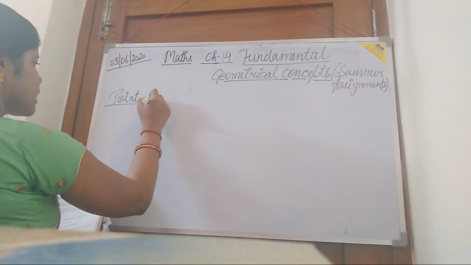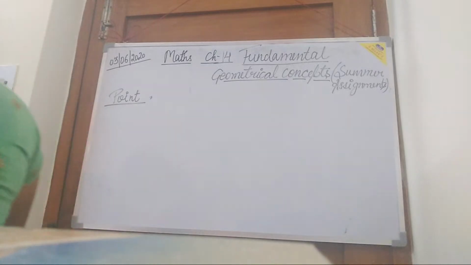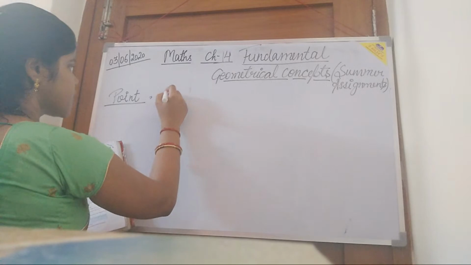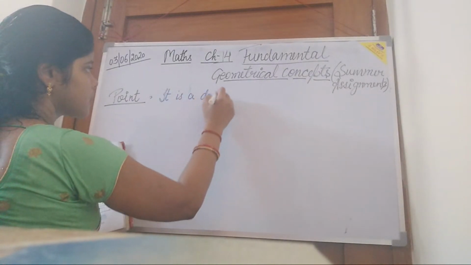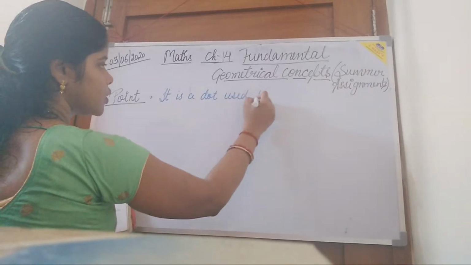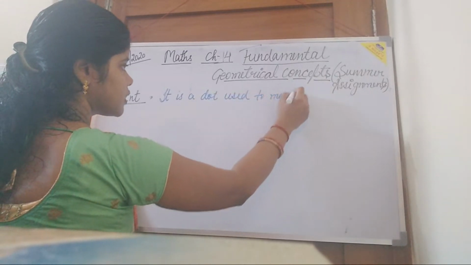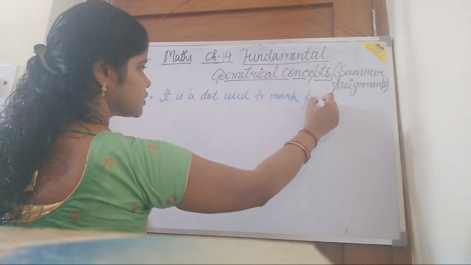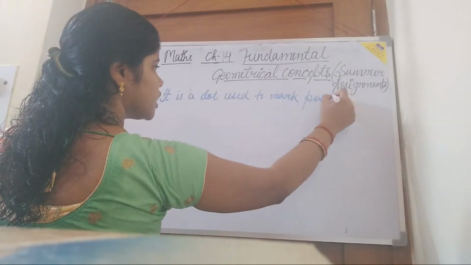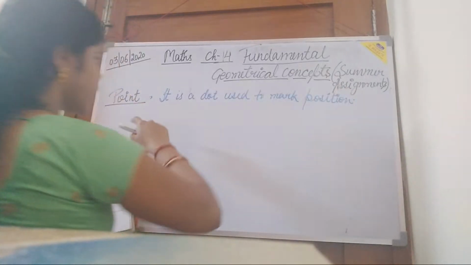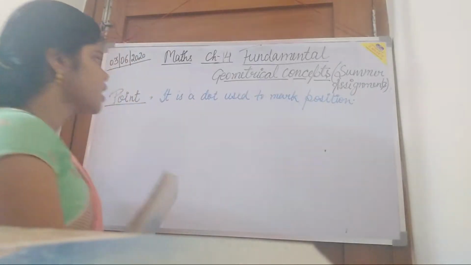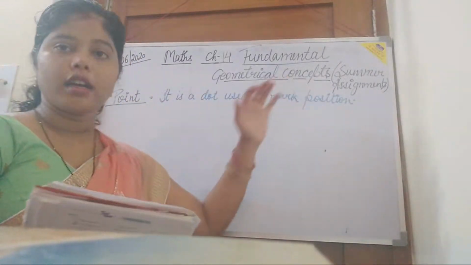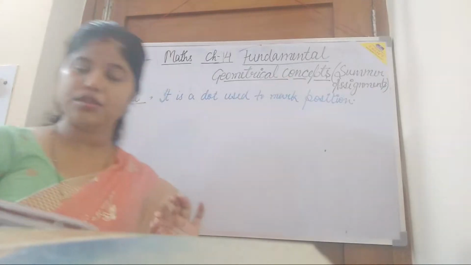First, you can say that a point is a dot used to mark position. What is a dot? It is a point. It is a dot used to mark position.